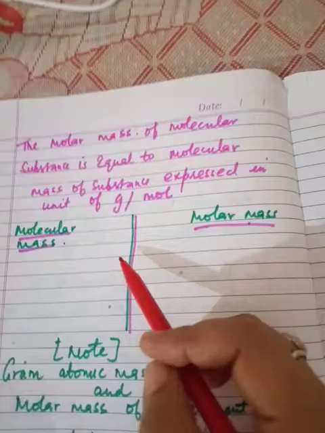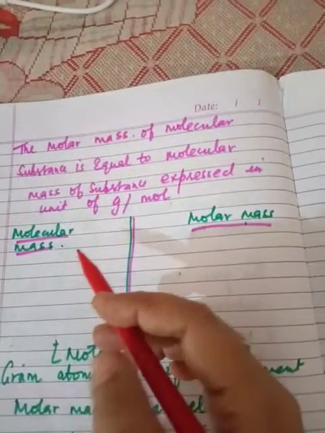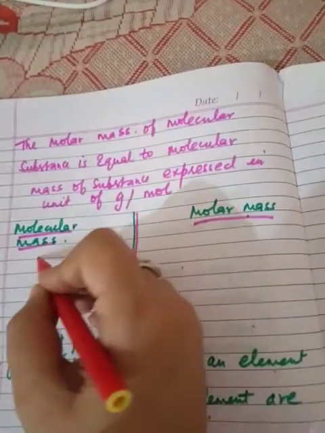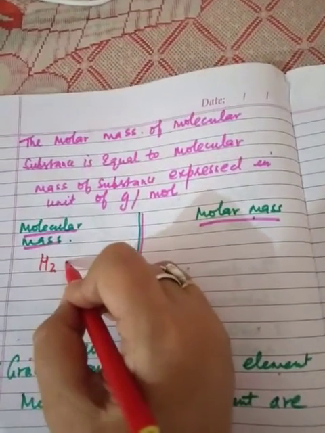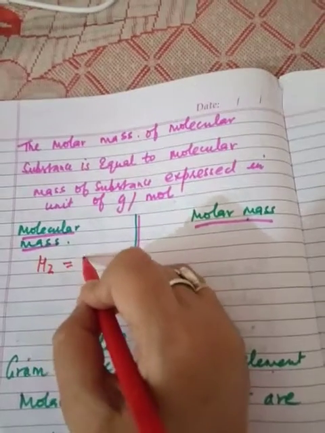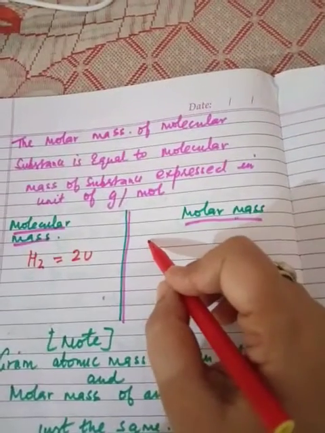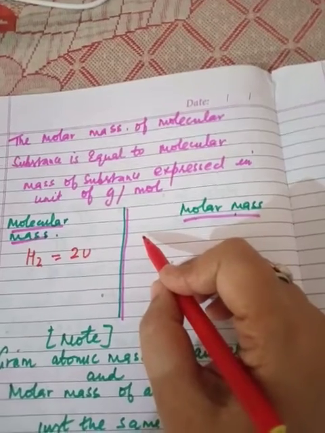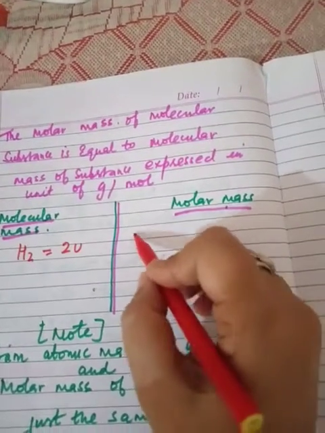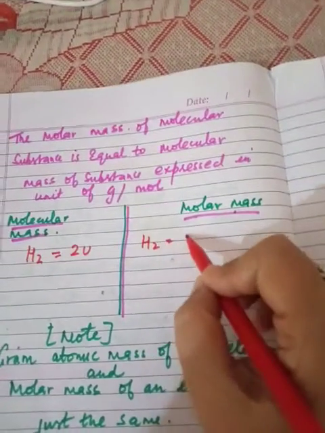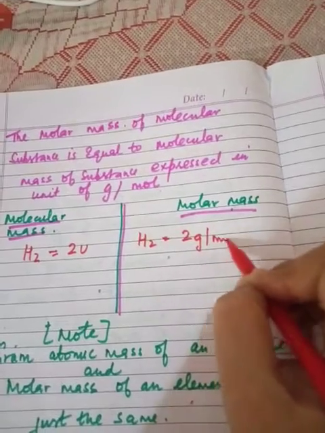For example, the molecular mass of hydrogen, H2, is 2 U. The molar mass of hydrogen is 2 gram per mole.